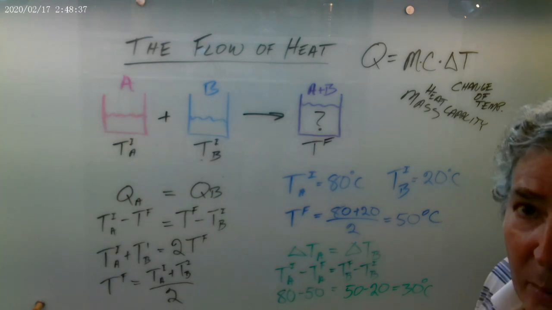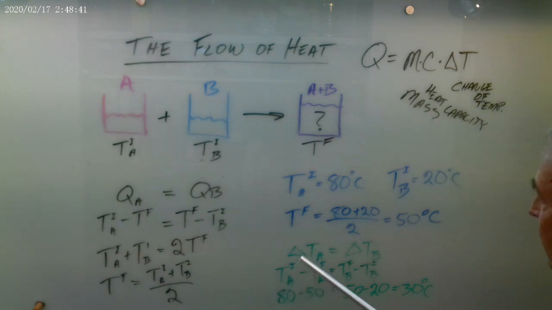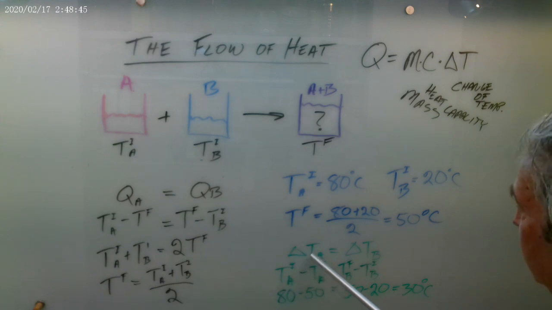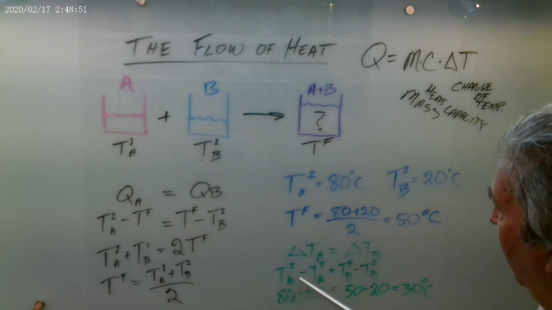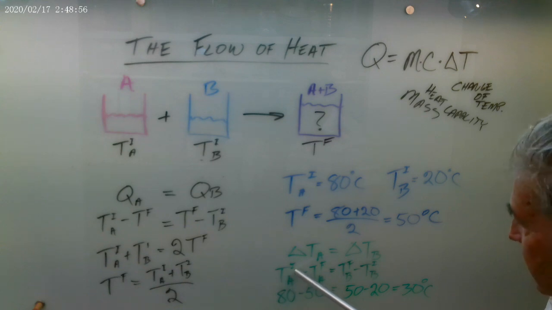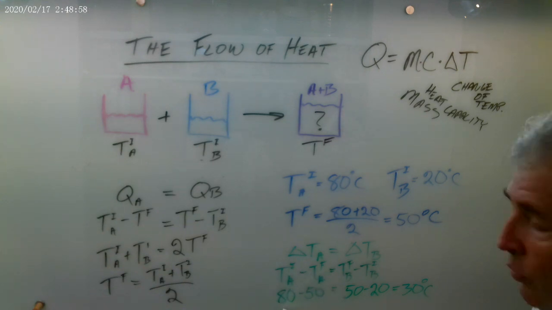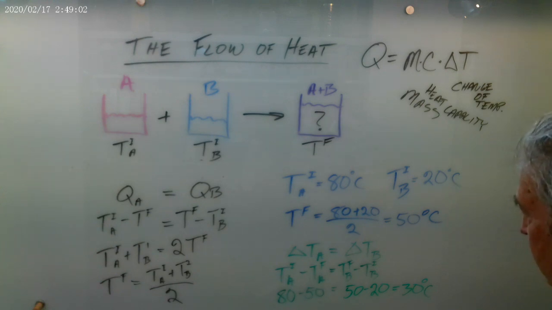Now, we want to check this to verify that we're on the right track. So again, let's look at, is the change in temperature of sample A equal to the change in temperature of sample B? Well, here's what delta T looks like on both sides. The initial temperature of A was 80. The final temperature was 50.